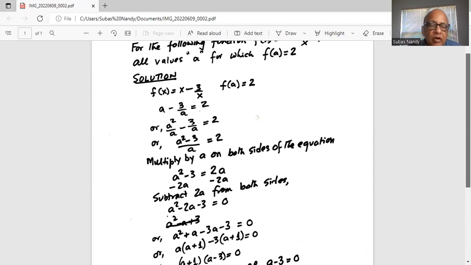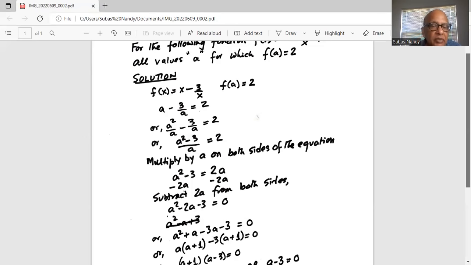And I will need to factor this. So an easy way to solve this is to look for the factors of 3, which will result in minus 2 when added together. Factors of 3 is the constant term. Two factors added together will result in minus 2.